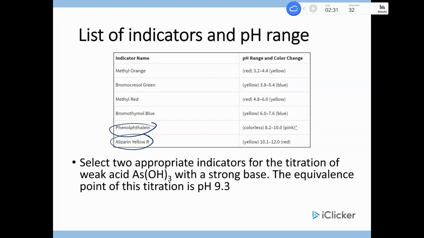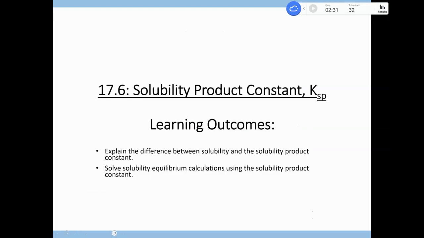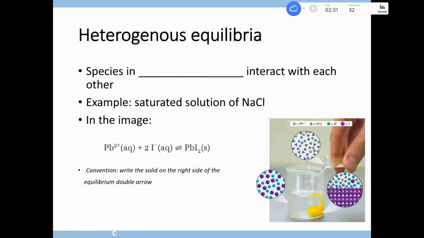But it's actually a range. Some solids are very minimally soluble, and we say that those solids are in equilibrium with their ions when they're in solution. So that's what we're focusing on for this section, and we'll talk about what KSP is. But first, heterogeneous equilibria.